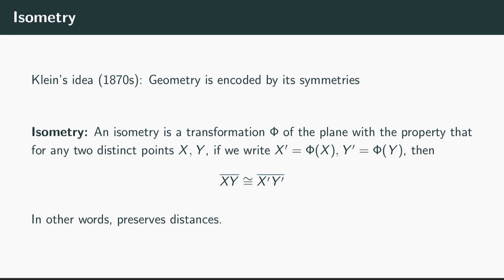So an isometry is a transformation of the plane with the property that if you give me 2 points x, y, and then I look at their images x prime and y prime, then the segment xy is congruent to the segment x prime y prime. In other words, this is a transformation of the plane that preserves distances.